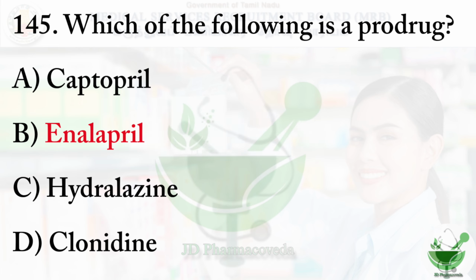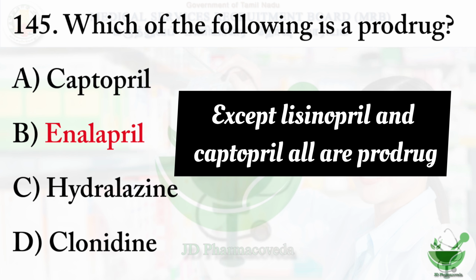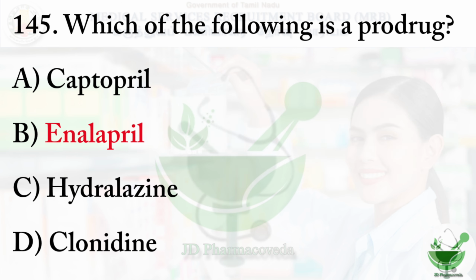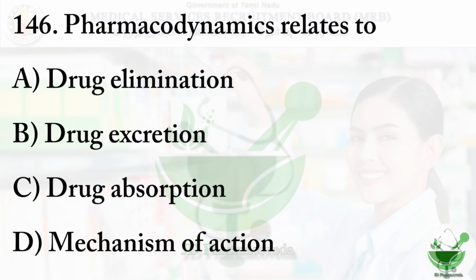So just remember, except lisinopril and captopril, all the other ACE inhibitors are prodrugs. Then question number 146, pharmacodynamics relates to: option A, drug elimination; option B, drug excretion; option C, drug absorption; option D, mechanism of action. So the right option is option D, mechanism of action.